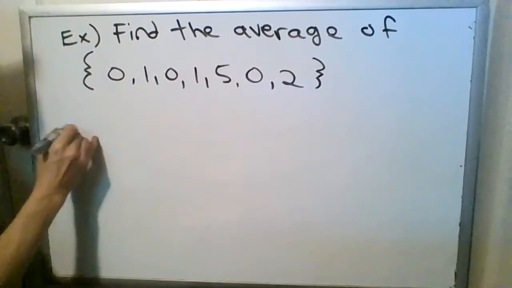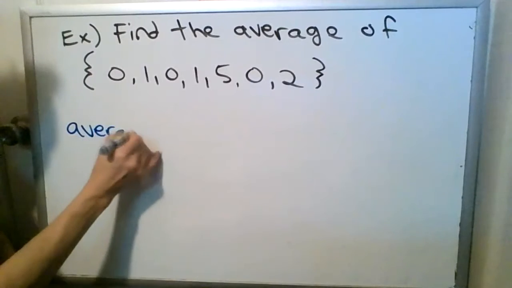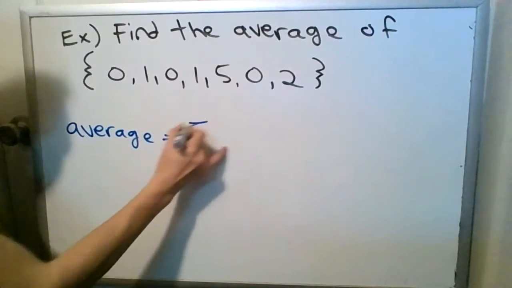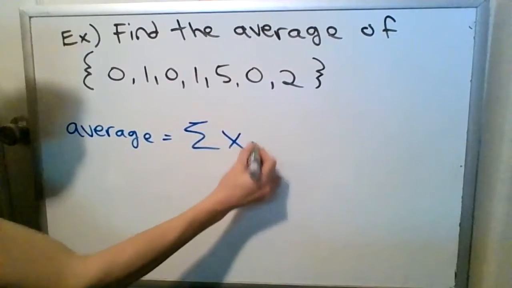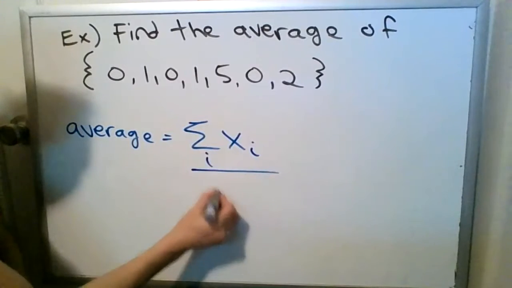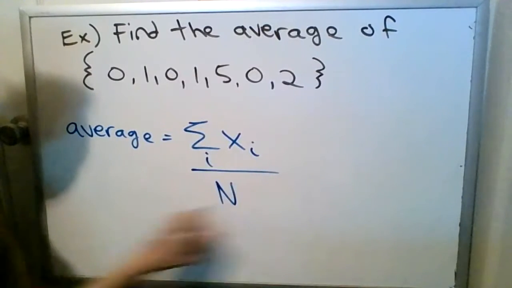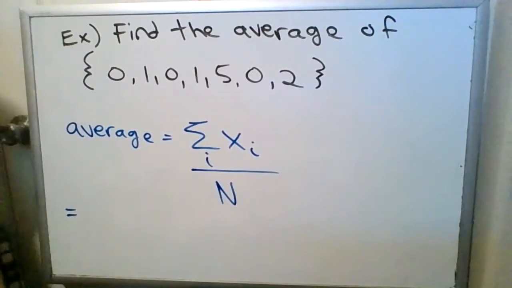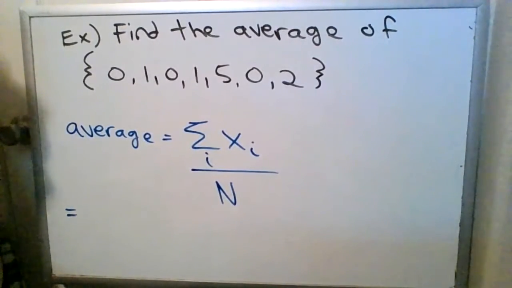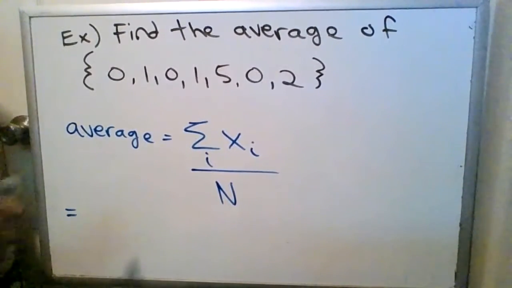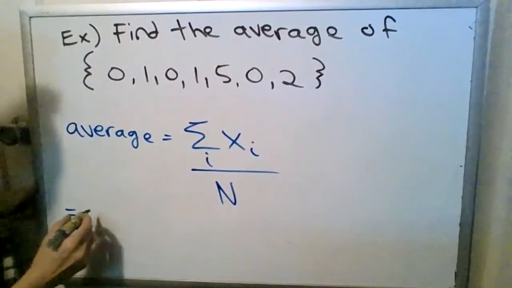So our average is the sum of all x and y divided by n. We're going to take 0 plus 1 plus 0 plus 1 plus 5 plus 0 plus 2.